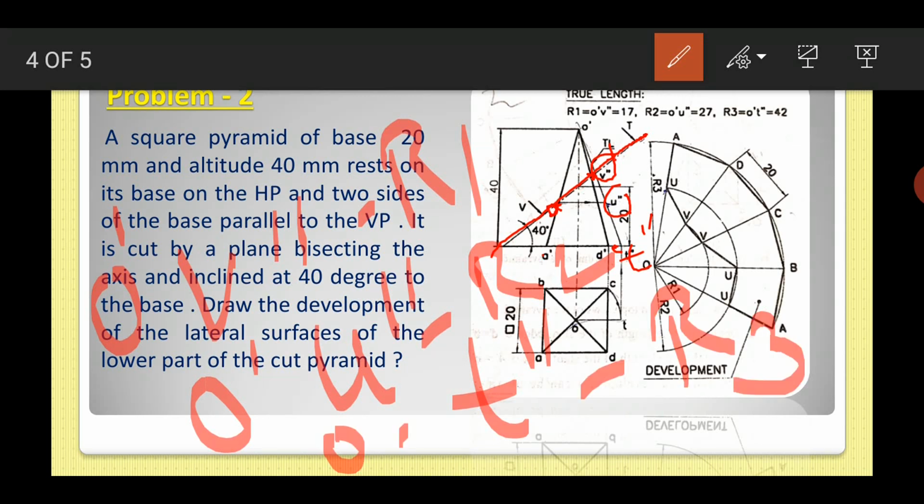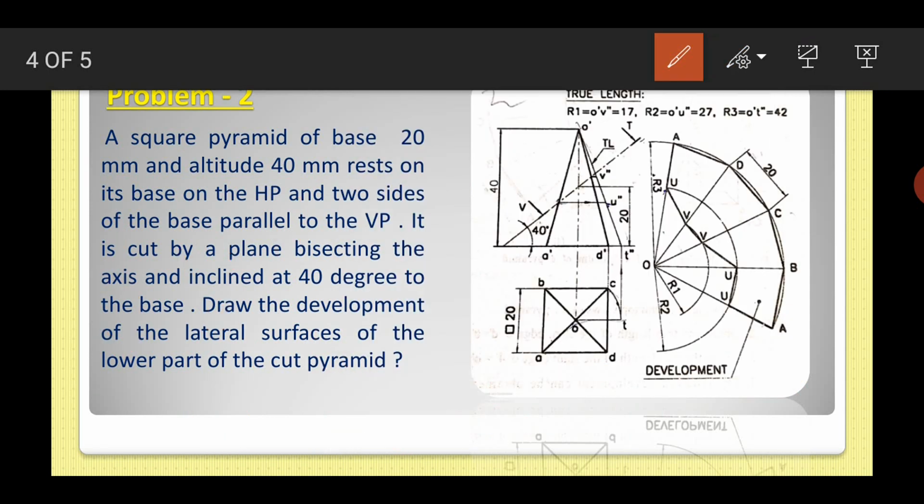So R1, R2 and R3 are given here, you can see at the top. R3 is the total radius, up to here.